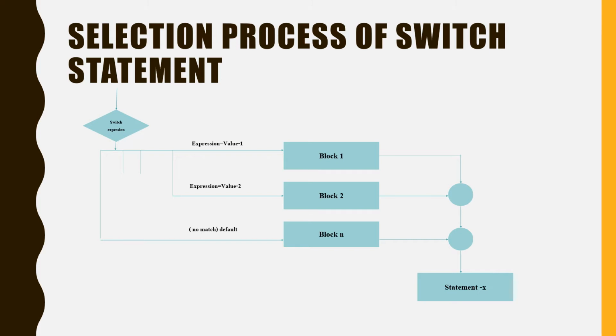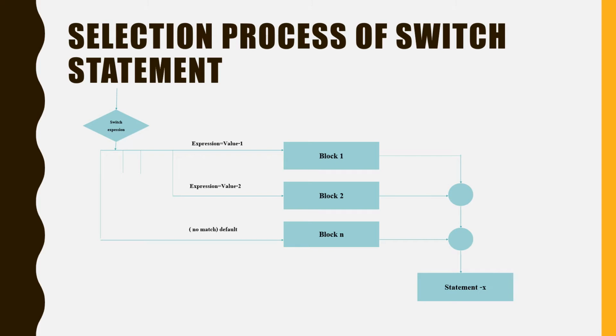This is the selection process of the switch statement. You will have the switch expression here. If that expression matches with any one of the expression values here, then the corresponding block will be executed. You will pass some expression here. For example, you may pass n here.